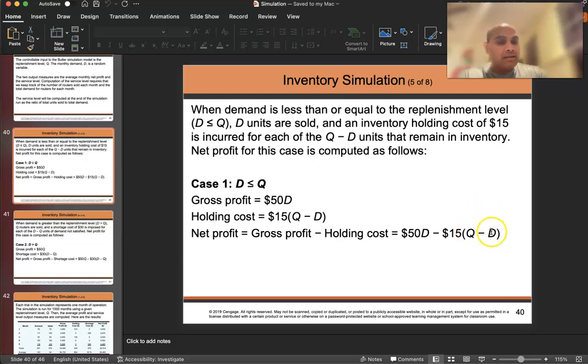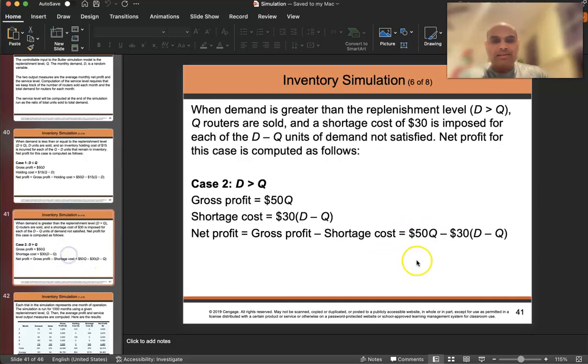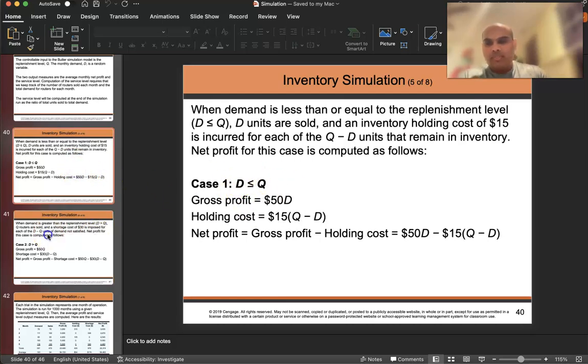But if Q is exactly equal to D, then Q minus D is 0, so it's just 50 times the demand, which is the same as 50 times Q. So we'll get the same value. You can include it with either scenario, and we are including it with this particular scenario.